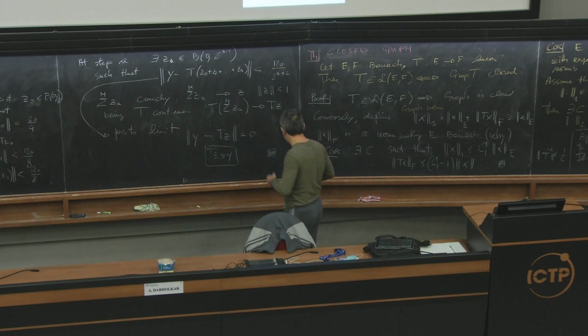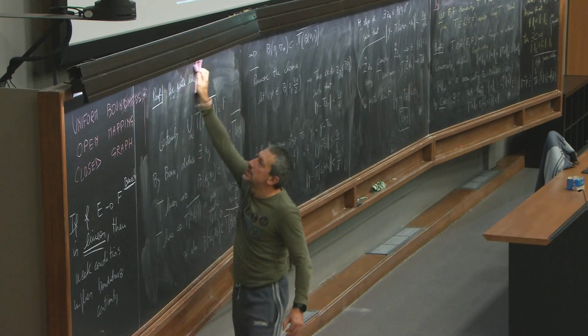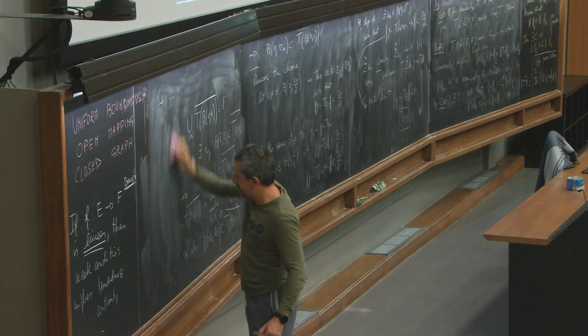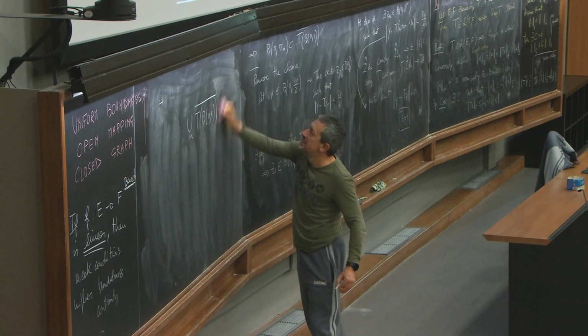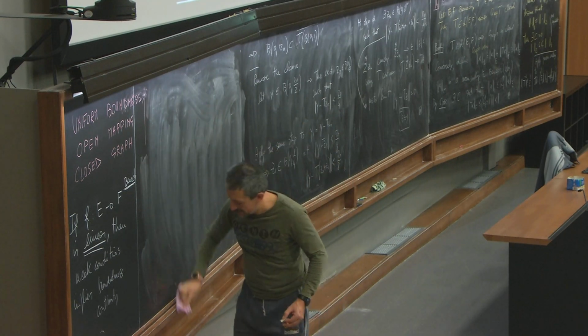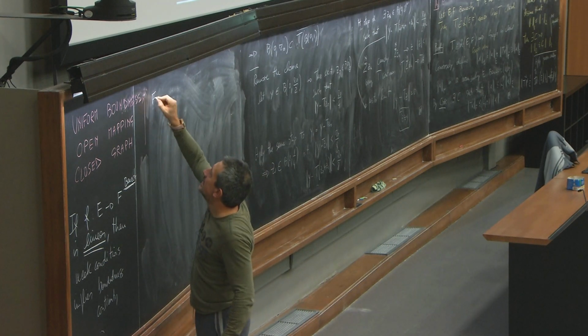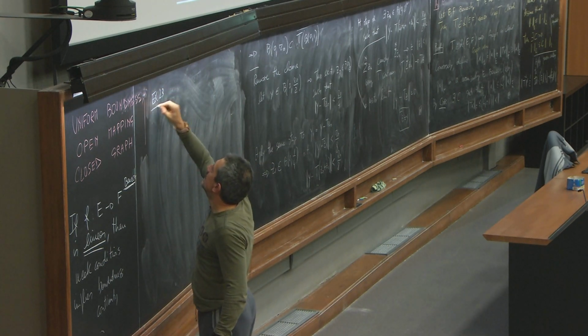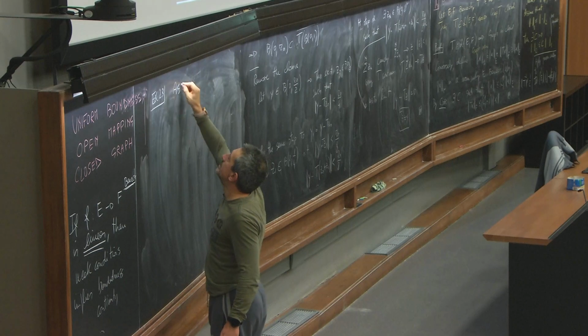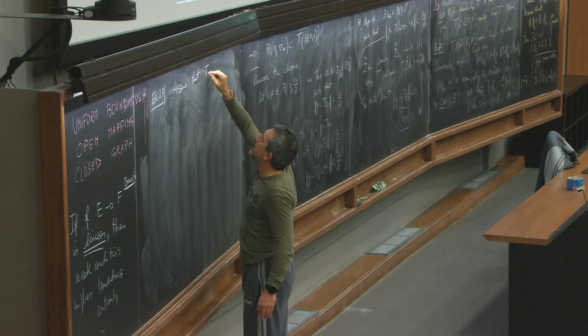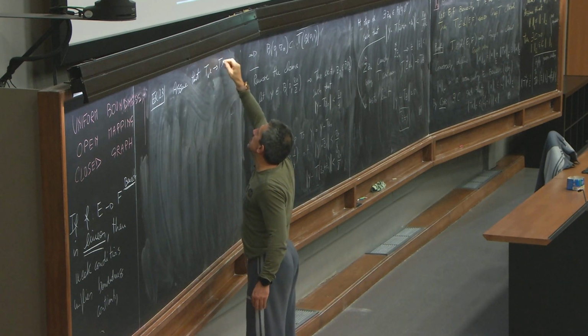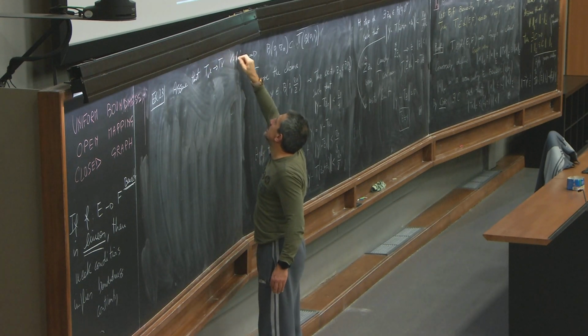Okay, let's do this exercise. So assume that Tn x converges to Tx for all x fixed.